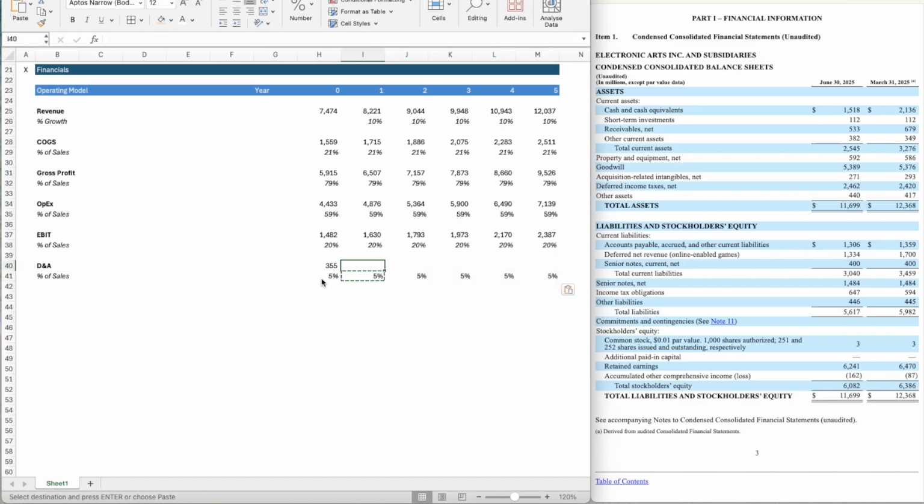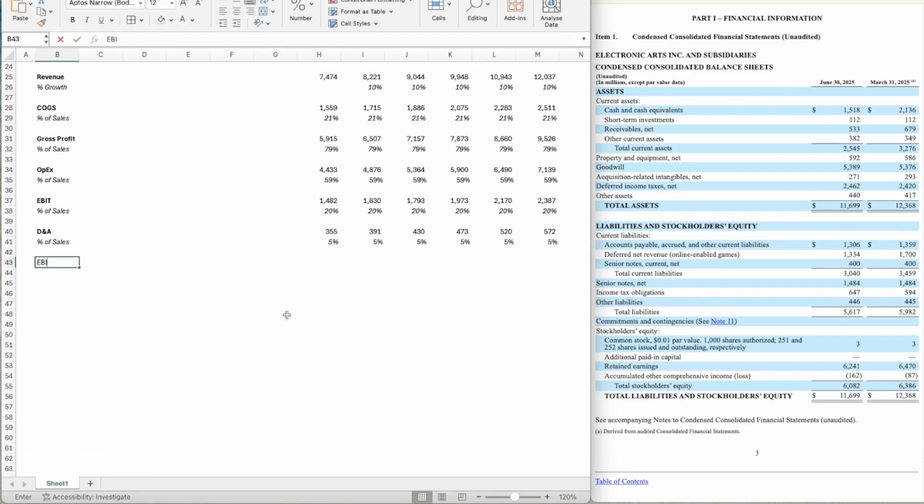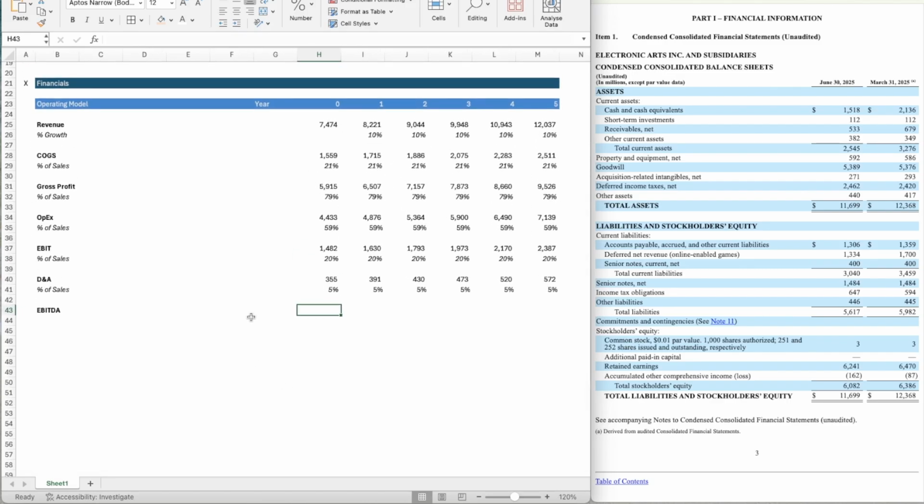Keep that stable, then take the revenue, multiply it by the percentage of sales for depreciation and amortization. Yeah, and there we have it. Now we have EBITDA, and this is quite important because this is going to help us fill up here. So EBITDA equals your EBIT plus your depreciation and amortization. Pull that along.